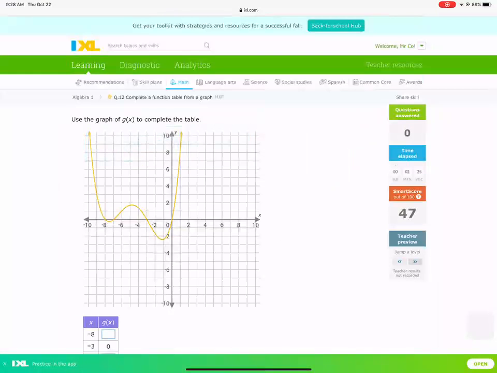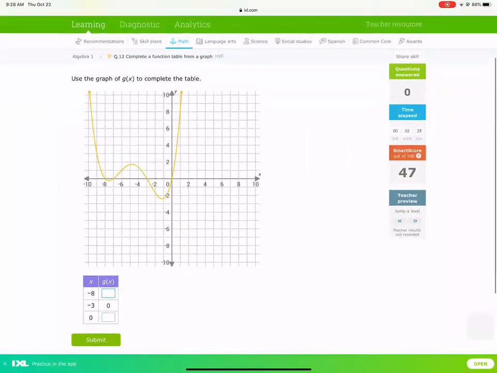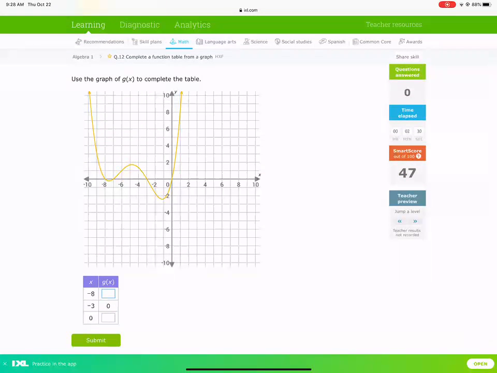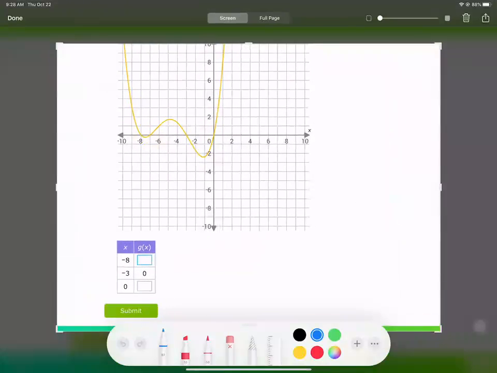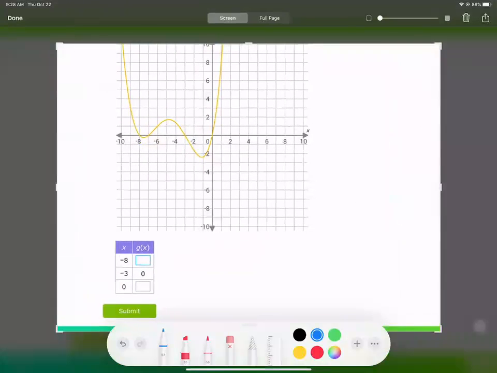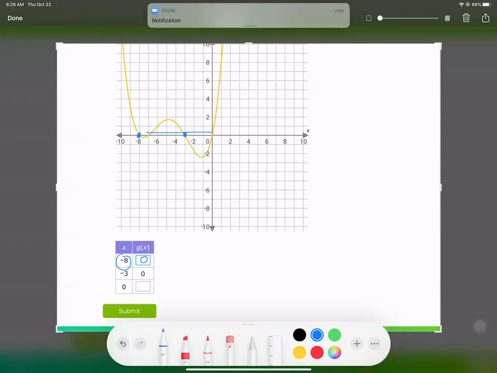Let's look at one more here. This one looks a lot more curvy, but don't fret. Now, for this problem here, let's look at what they told us. So we have negative 8. So negative 8 is our x value right there. So the graph goes to negative 8 when y is 0. When does the graph go to negative 3? Here's negative 3. When y is also 0. See, we're sitting on the floor.